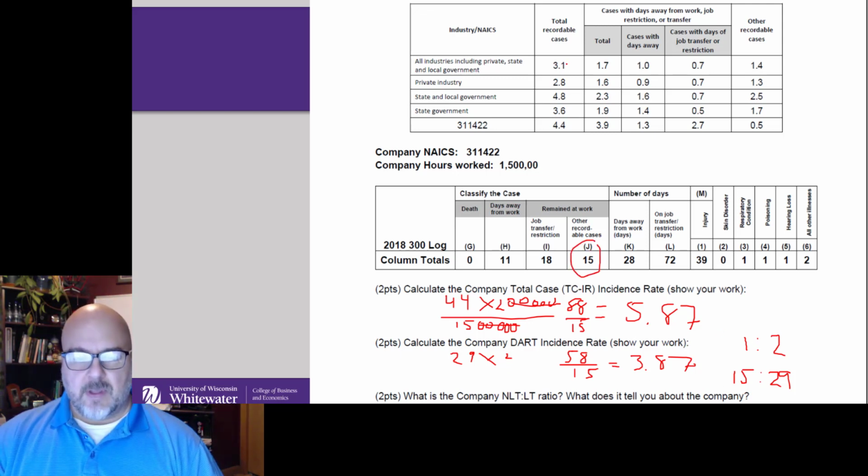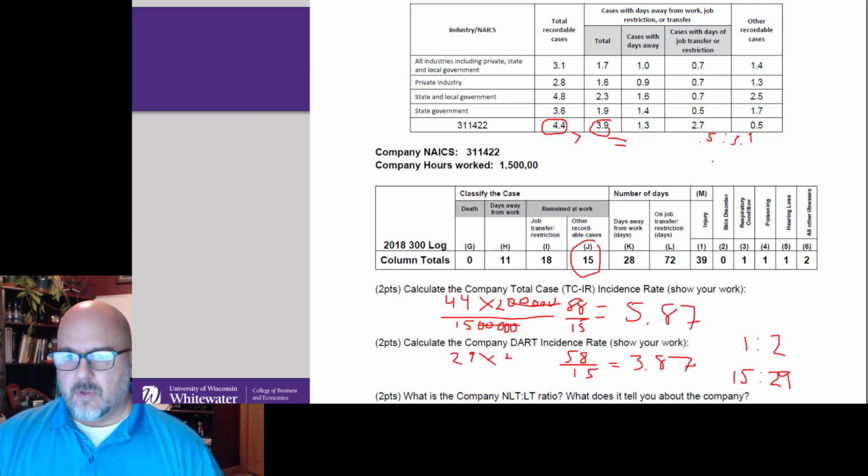Now, if I was to compare this to the Bureau of Labor Statistics, I've got the numbers right here, so it's much easier. My total case rate for the company is 5.87. For the industry, it's 4.4. So I am greater than that. For the DART, it's 3.87, 3.9. I'm pretty much equal to it. But then their no lost time is 0.5, so I'll have to double that to 3.9.